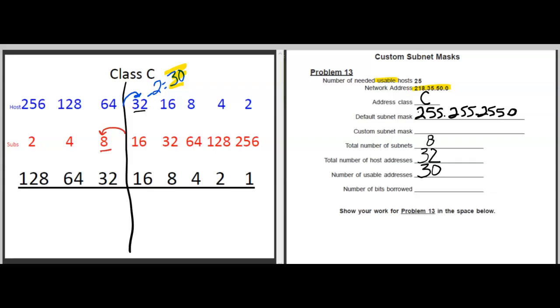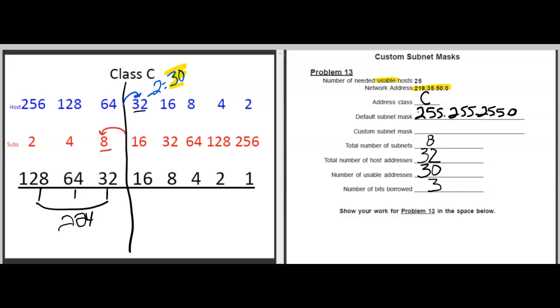And then how many bits did I borrow? I borrowed 1, 2, 3. So I borrowed 3 bits from the host portion of the address to create additional network space for my devices. So I borrowed 3 bits, and then I need to add up the binary value of those. 128 plus 64 is 192, plus 32 is 224.